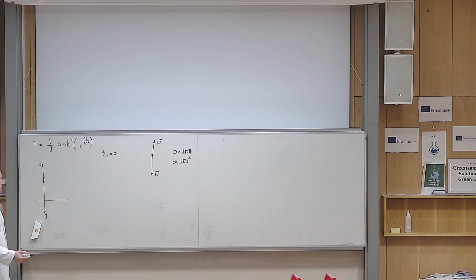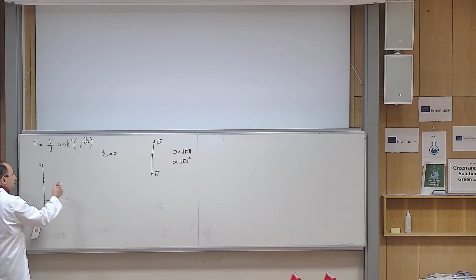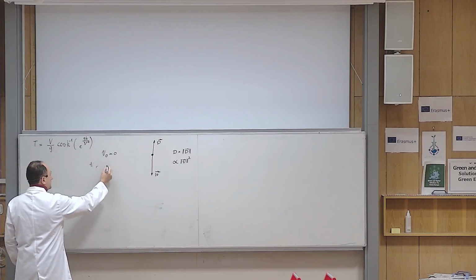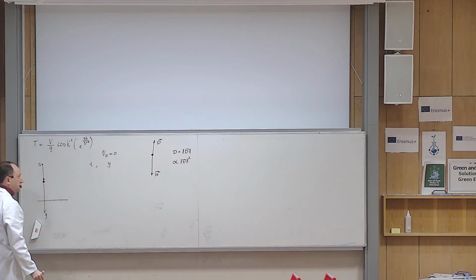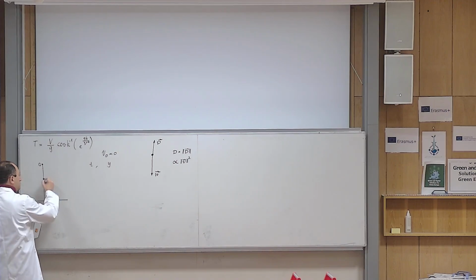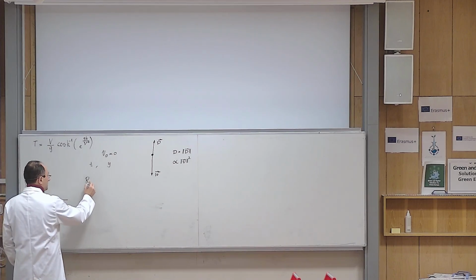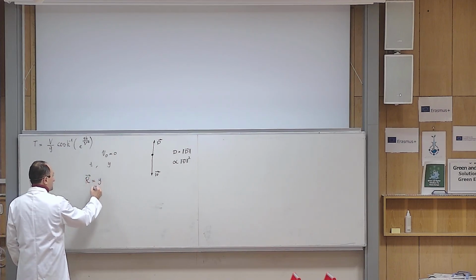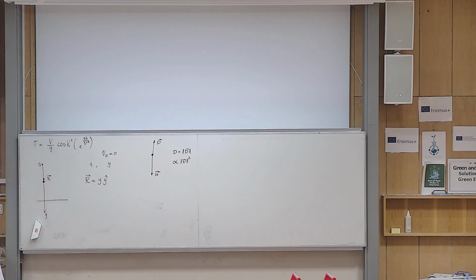Okay, so what is the position vector of my particle? Let us say that after time t, the particle has covered distance y. So the position vector, if I call it capital R, reads like this: y times y hat. Y hat is the unit vector in this direction.